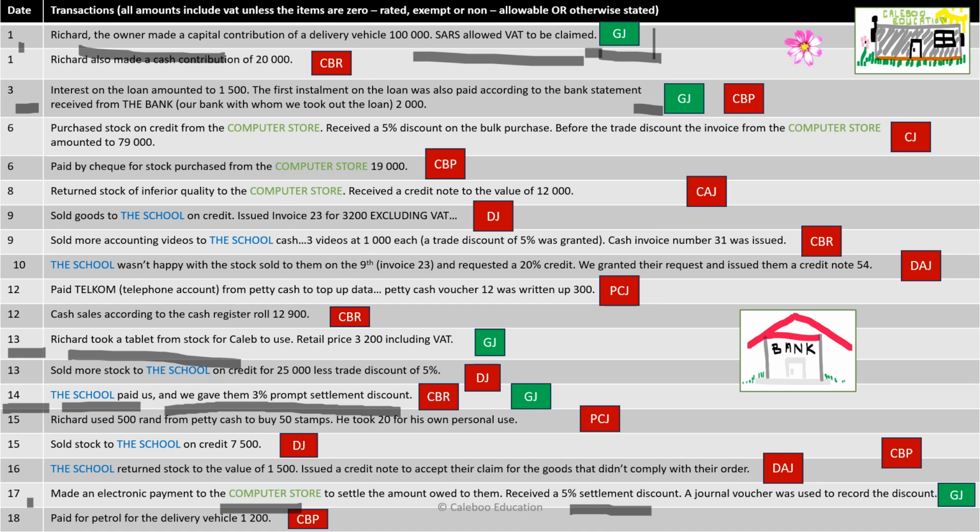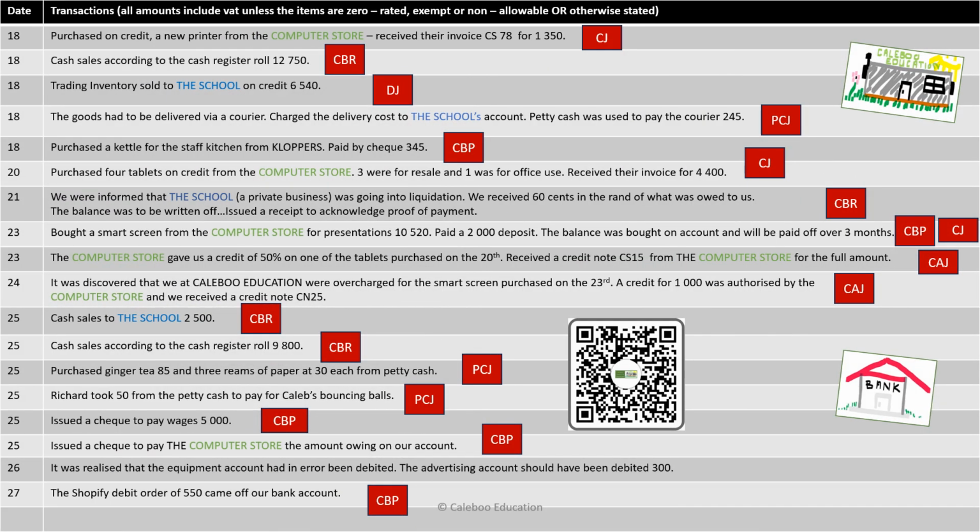Discount received and discount allowed, and the other transactions. Also, on the 21st, the school, a private school, went into liquidation. Now we have to write off a certain amount that the school owed us. We will look at that transaction.